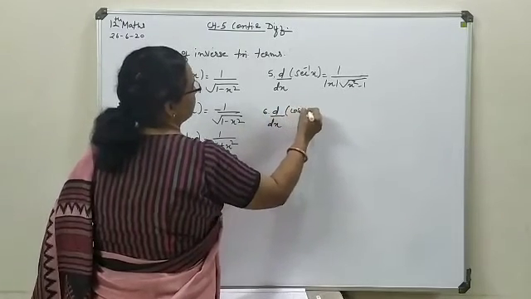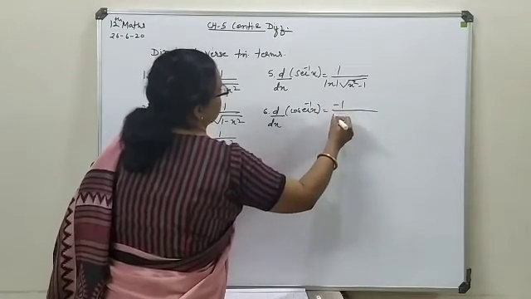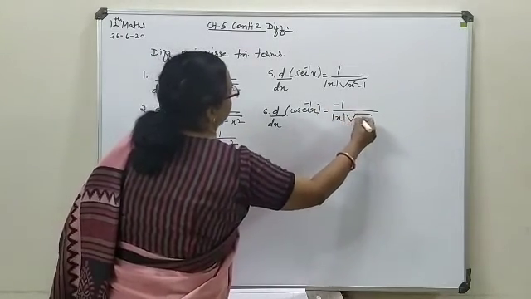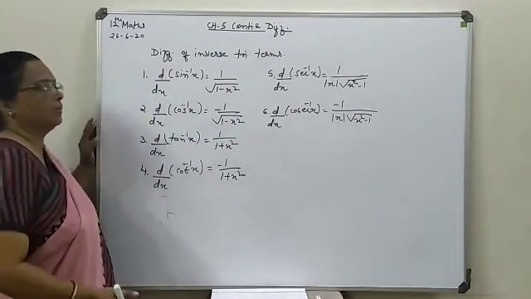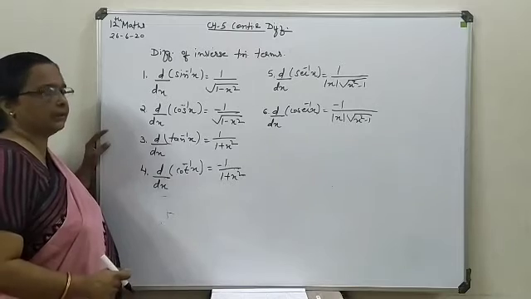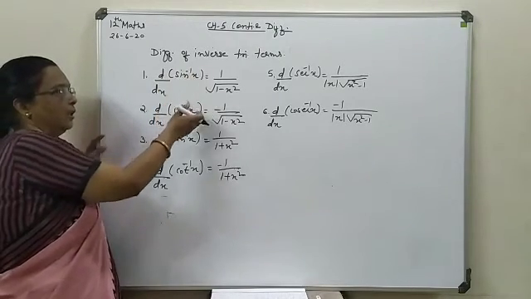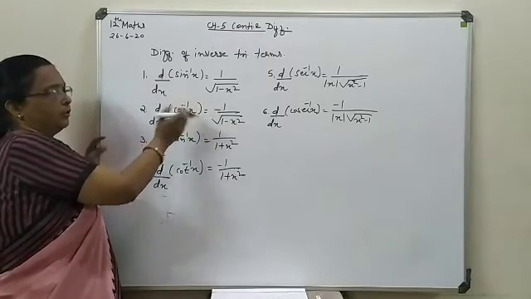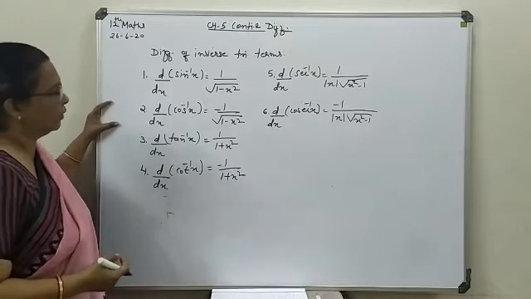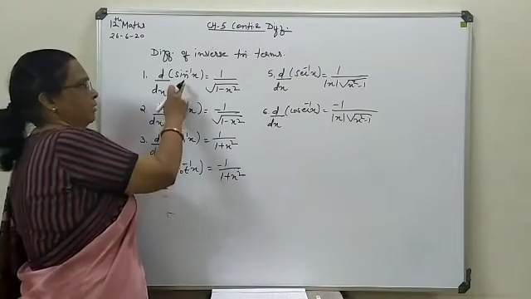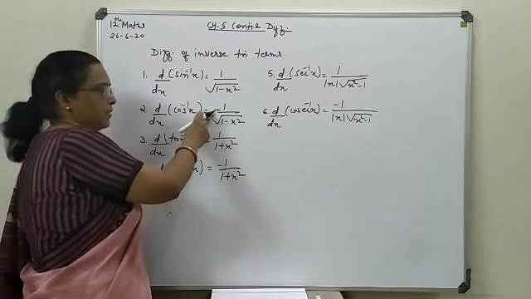Now cosec inverse x, that is again minus 1 upon modulus of x under root x square minus 1. So here you can see that the terms in which identities are normally held have differentiations that are just opposite of each other. As normally we have an identity in terms of sine and cos, the derivatives of sine and cos are related but with the opposite sign.